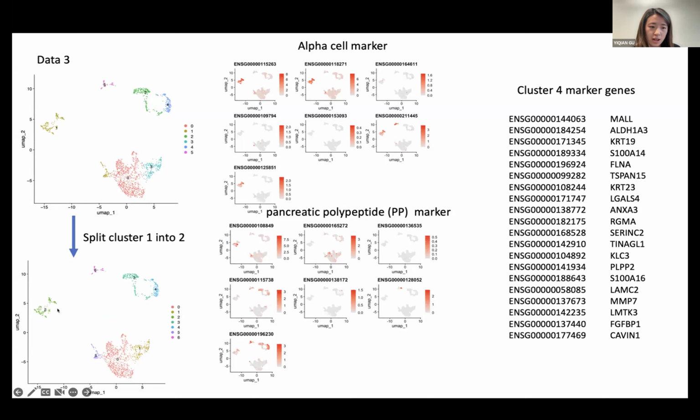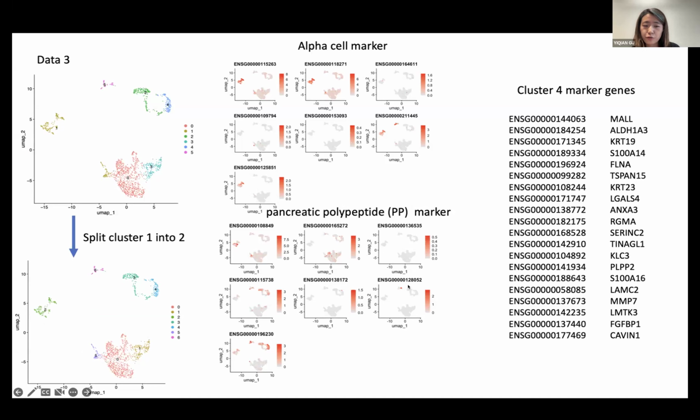Cluster 1 is subclustered into 2 clusters, 2 and 5. Then I use a feature plot to plot the features of alpha cells and PP cells. I think cluster 2 should be alpha cells, and there is no PP cell that I found in this data set.